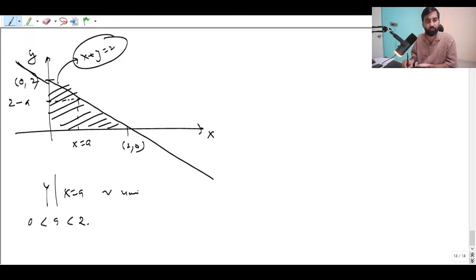So this is uniform in 0 to 2 minus a, because y can take 0 to 2 minus a. So can we plot this?